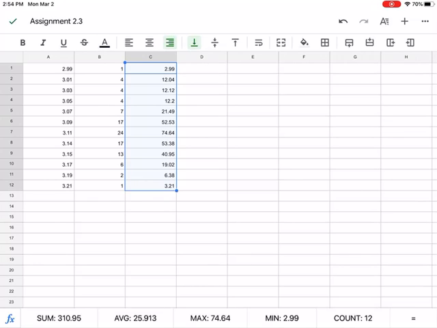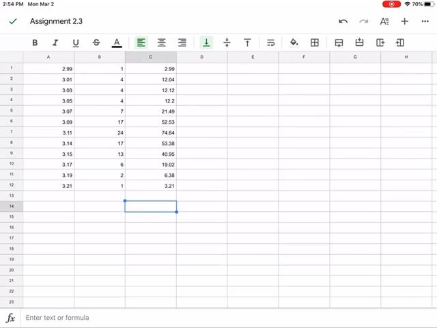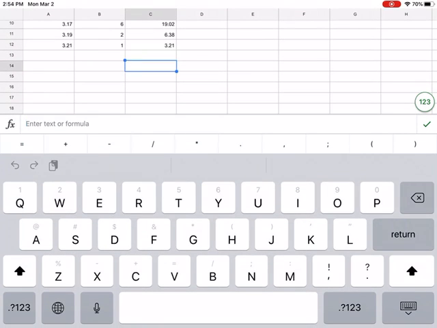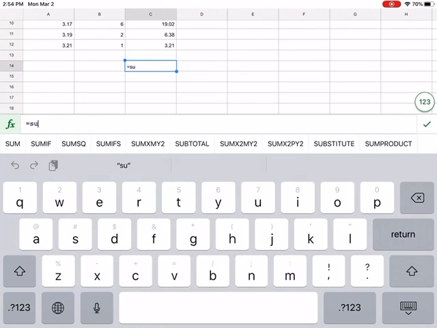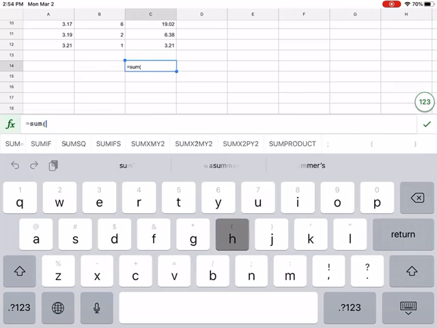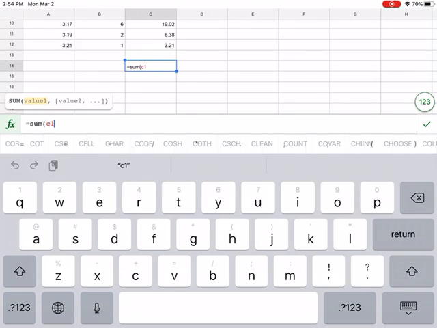Now, the sum of this can be calculated using a formula. So I will type in equals the sum of C1 to C12.